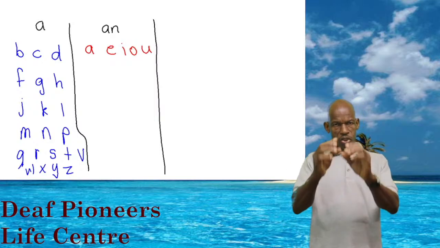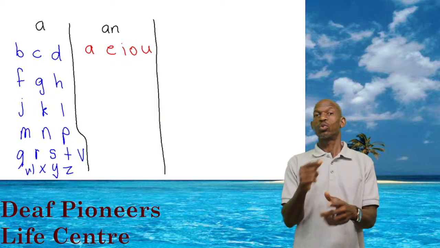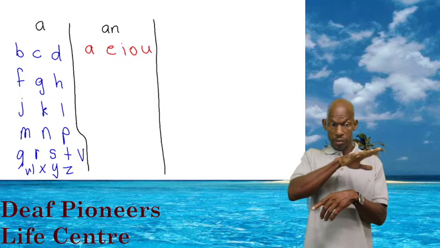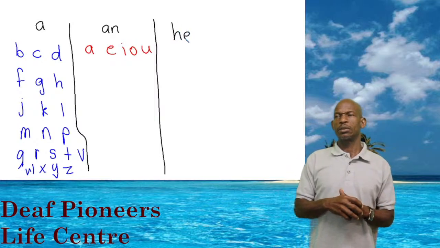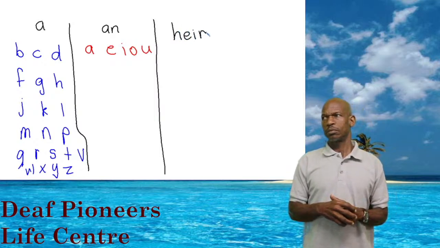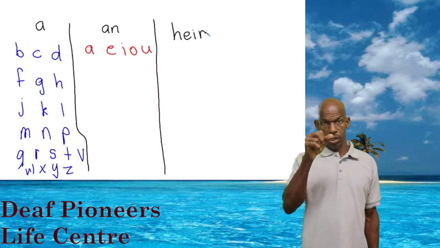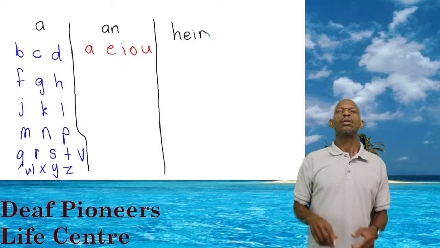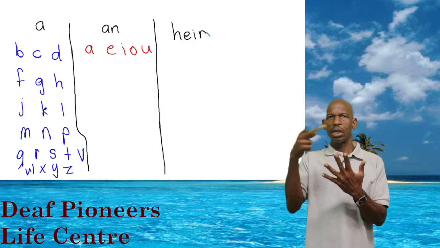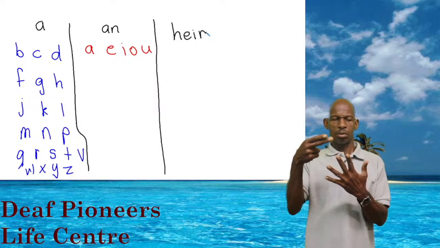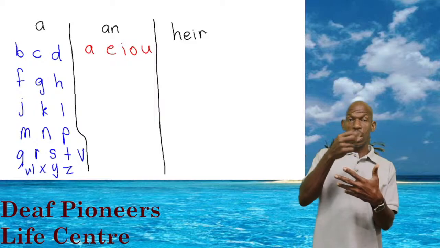But there are some words where, although it is spelled with a consonant, that is not how it sounds. Example, this word. That word begins with a consonant. But when you are saying the word, you get a vowel sound at the beginning. You see this letter H?